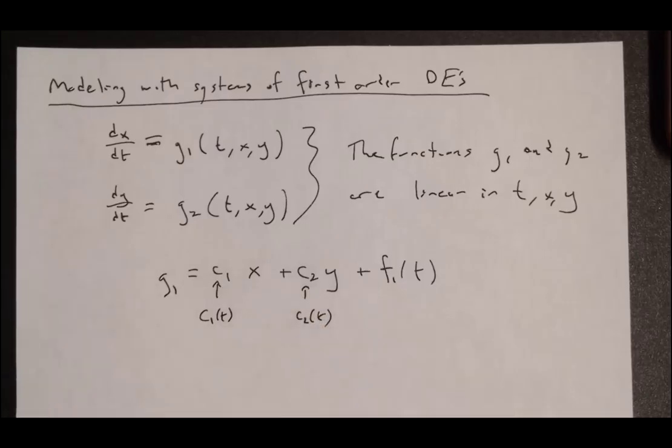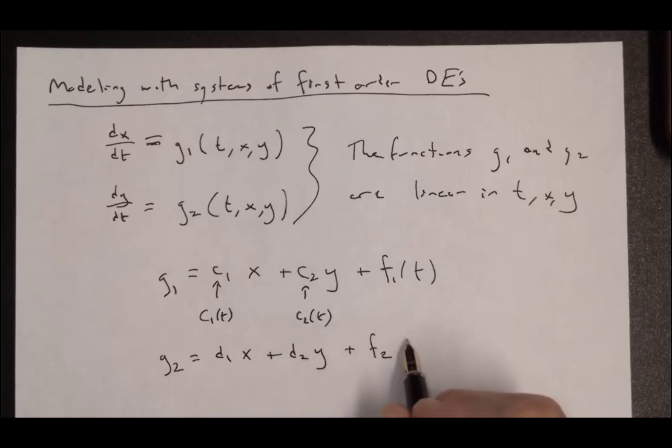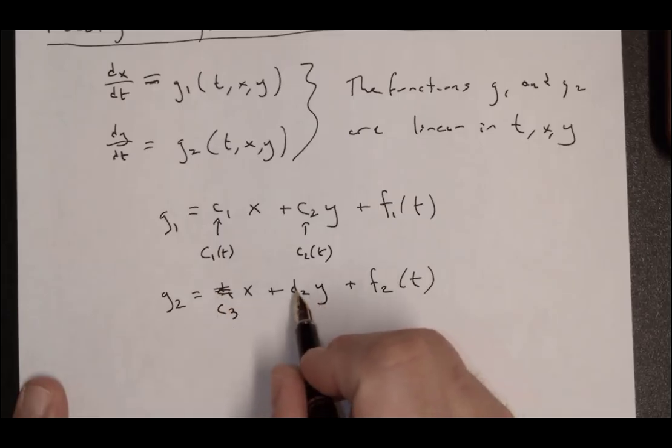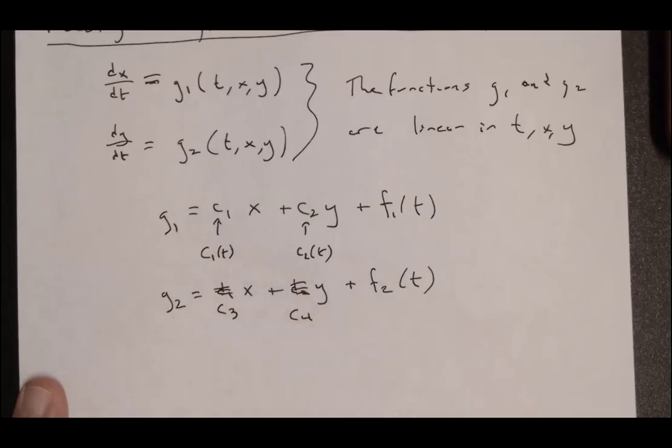But they can't have x's or y's in the ones that don't go with the x or y variable. And same thing with g2. Like that. You know what? I think I'm going to call them C again, but instead of C1 and C2, we'll call them C3 and C4.